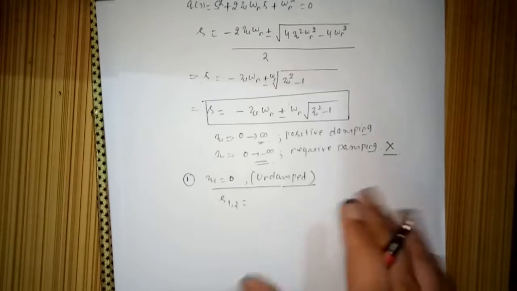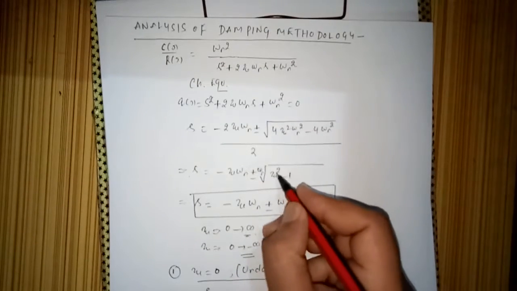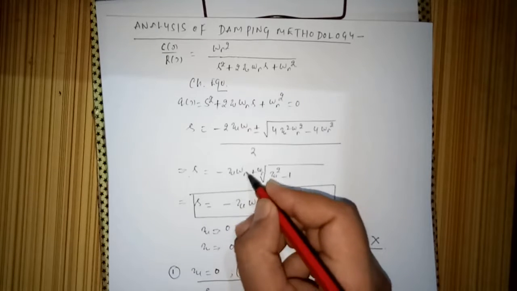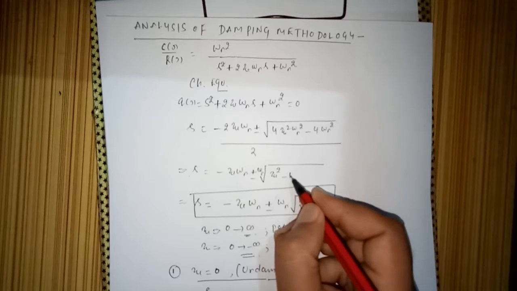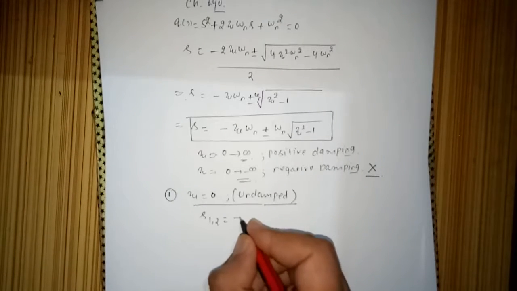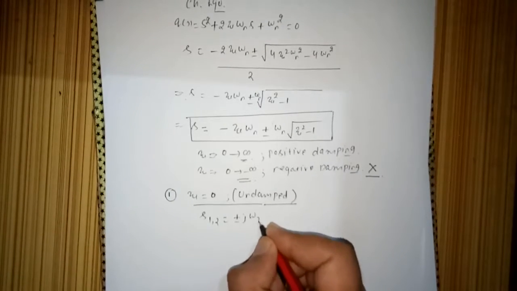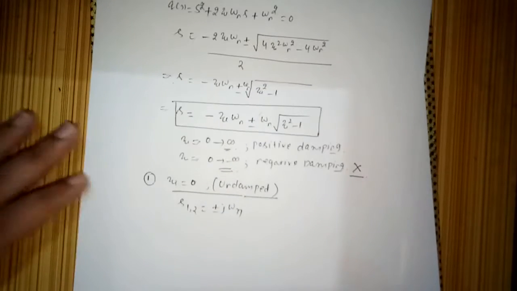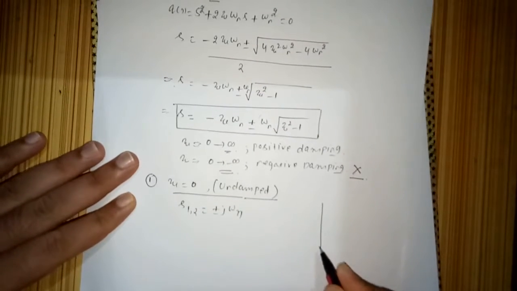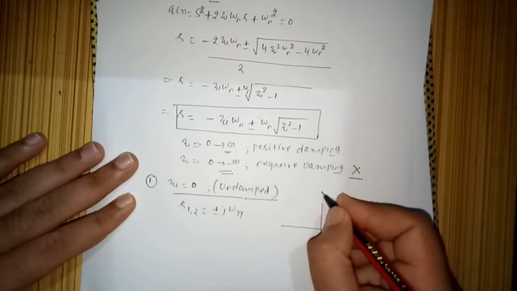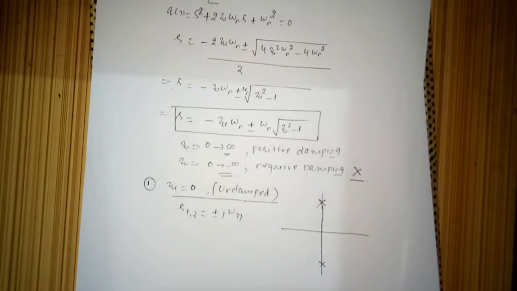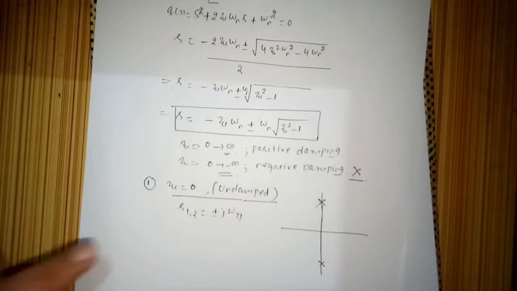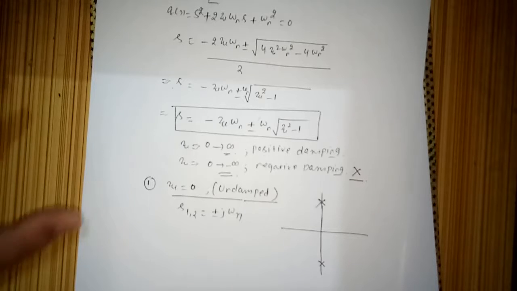I represent it like this, and when I put zeta equal to 0, this part becomes 0, and this part becomes plus minus under root minus 1, which comes out to be plus minus j omega n, right? So at zeta equal to 0, my pole locations are on the imaginary axis. Poles lie on the imaginary axis when I have an undamped system, right?